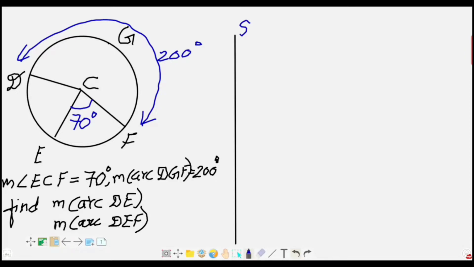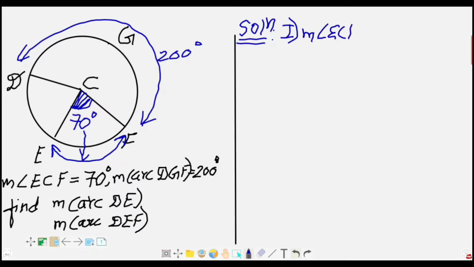Now let's solve the sum. Just look at the figure. In the figure, this angle is a central angle, and according to the central angle theorem, it is always equal to its intercepted arc. So the measure of angle ECF will be equal to the measure of arc EF.